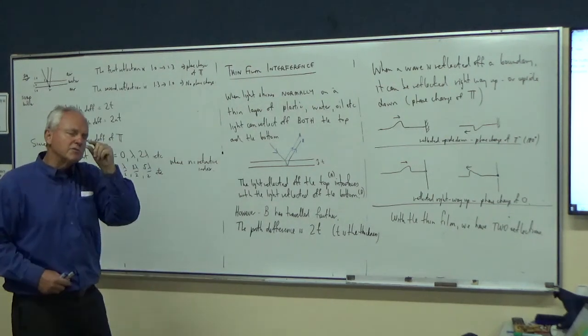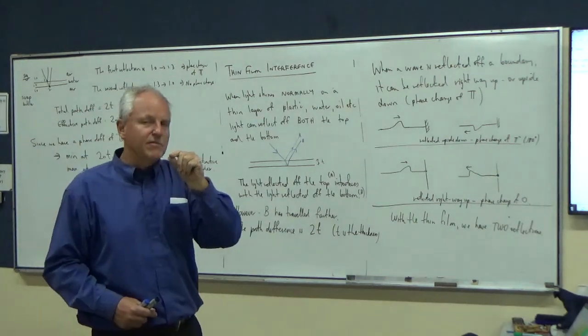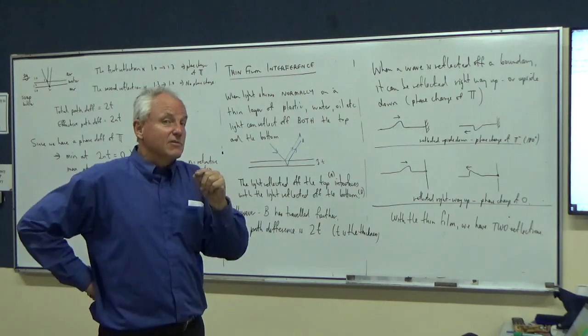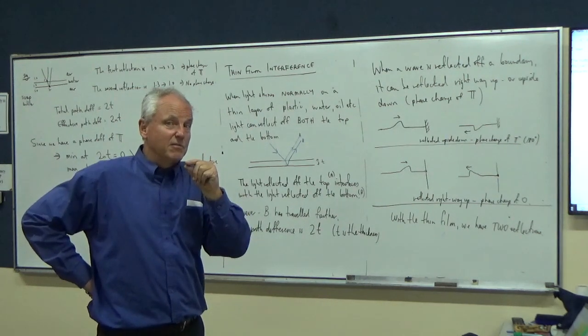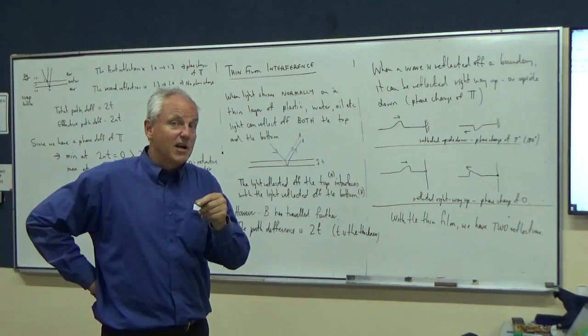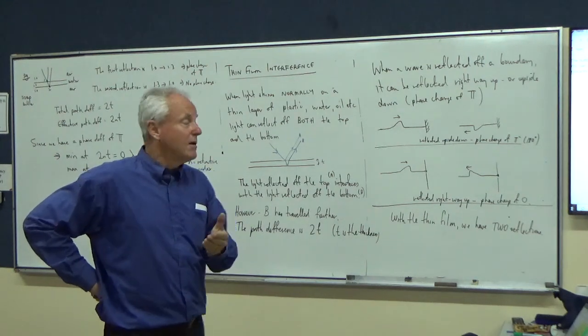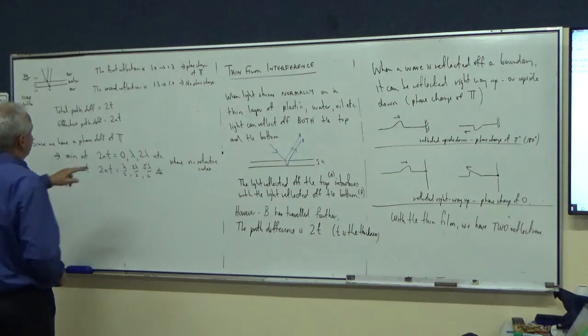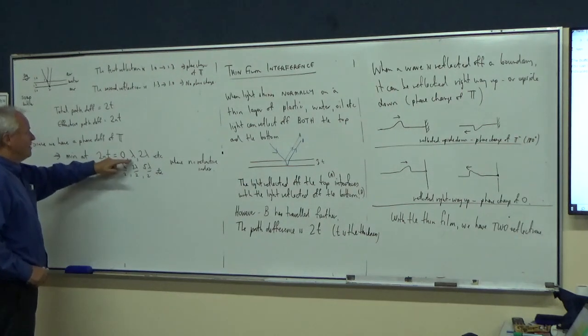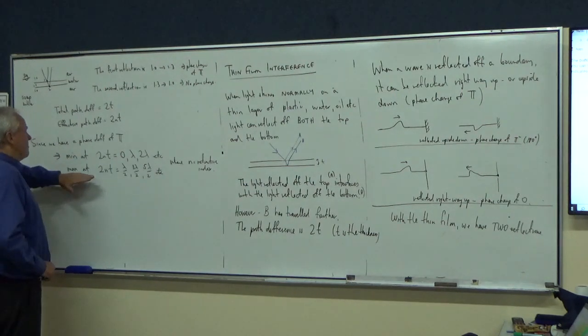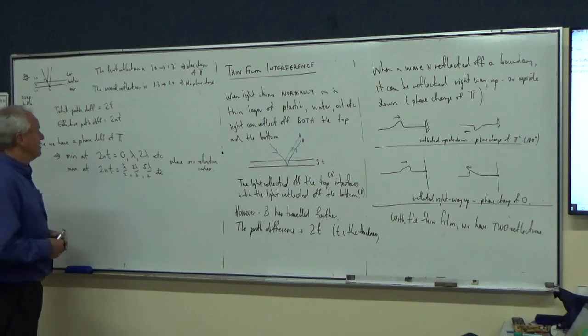So even if there was zero difference, even if the thickness was effectively zero, we'd still have that phase change and we'd have a minimum. So a minimum at 0, lambda, 2 lambda, etc., and a maximum at the half wavelength.